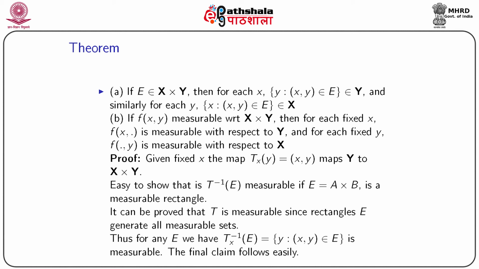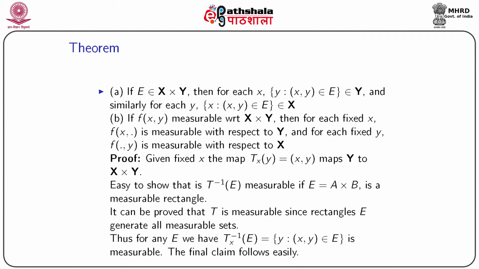Given fixed x, consider the map T_x(y) = (x, y), which maps Y to X cross Y. It is easy to note that the inverse image T inverse of E is measurable if E is A cross B, a measurable rectangle. It can be proved that T is measurable since the rectangles generate all measurable sets.